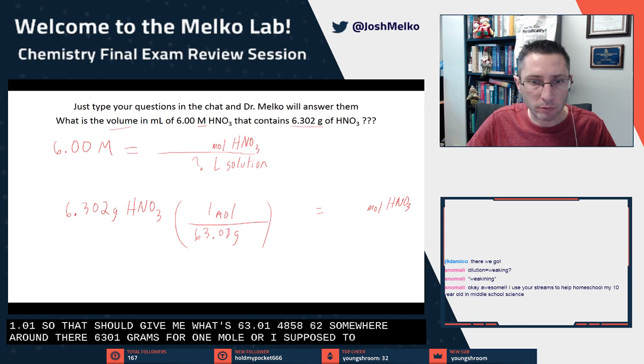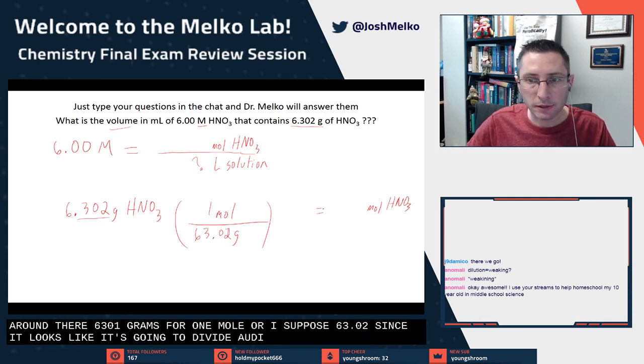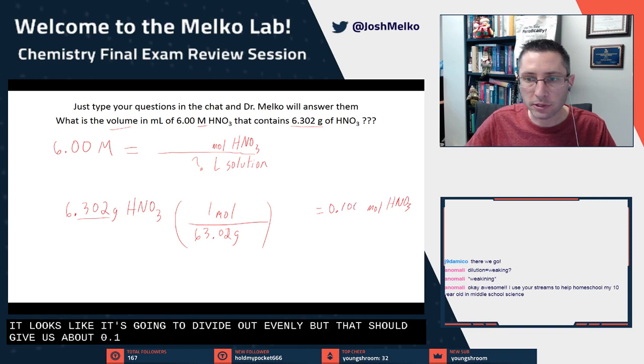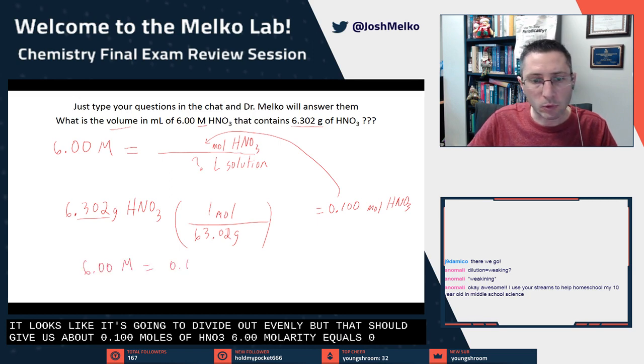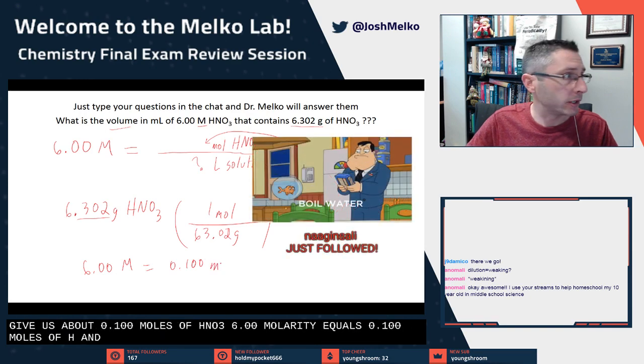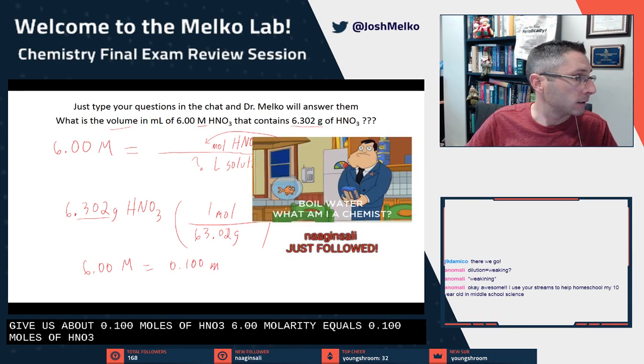Or I suppose 63.02, since it looks like it's going to divide out evenly. So this should give us about 0.100 moles of HNO3. That now goes in the numerator, and so it's 6.00 molarity equals 0.100 moles of HNO3 over a question mark.